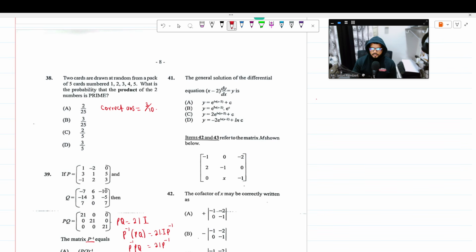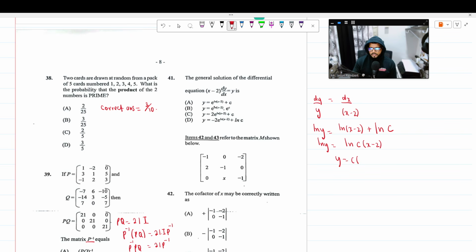So we're going to have dy over y is equal to dx over x minus 2. ln y is ln of x minus 2 plus I'm going to put ln c as my constant. So ln y is ln c into x minus 2.